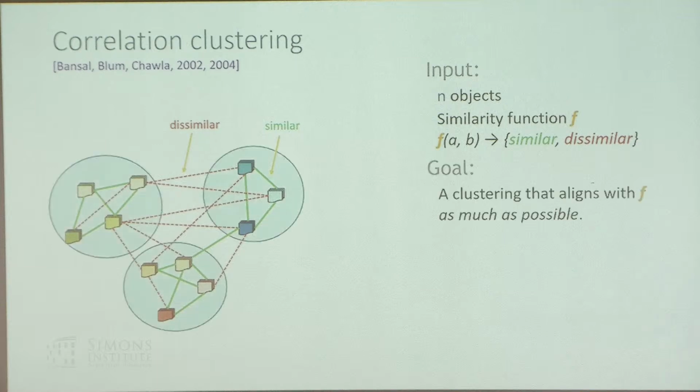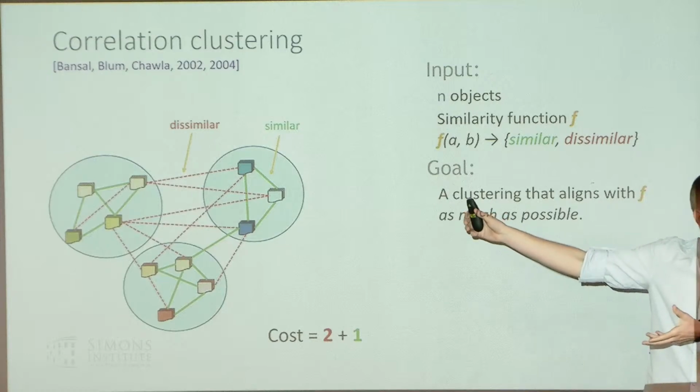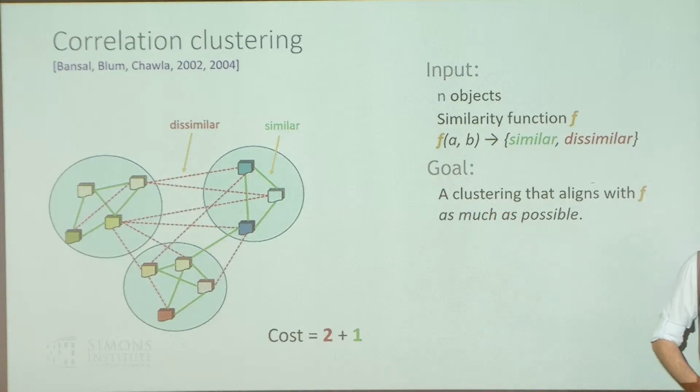We would like to find some clustering which, intuitively and very informally speaking, aligns with f as much as possible. There are different ways to define what aligns means, but the one we will use in this example is as follows. If you take a clustering like this one, we have 3 clusters. What would be the cost of this one?